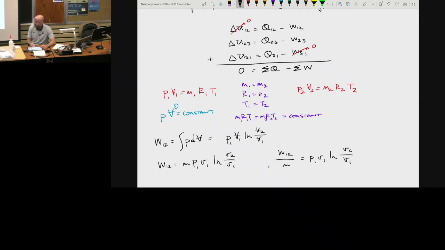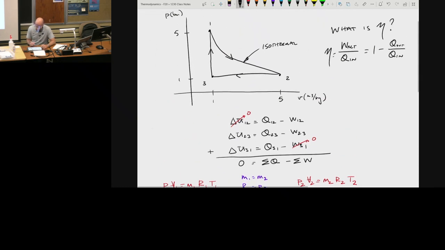Because if I look up here at our equations, if I divide everything by mass, the mass just falls out. I don't have to worry about it. The efficiency of the cycle is going to be the same whether I'm dealing with 1 kilogram or 1,000 kilograms. Per mass, it's going to be fine. So that's what I'm going to do.